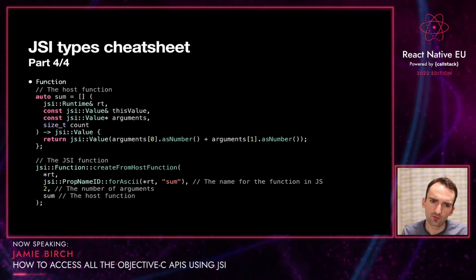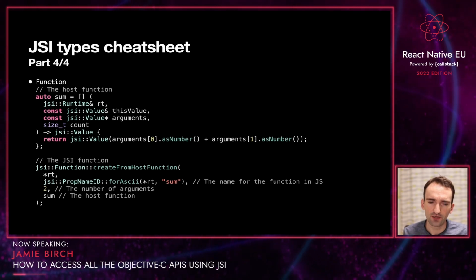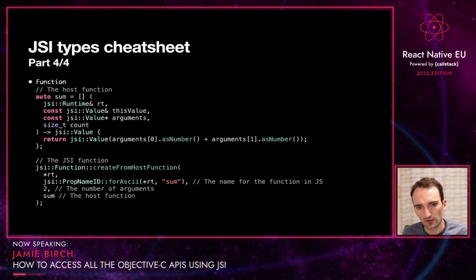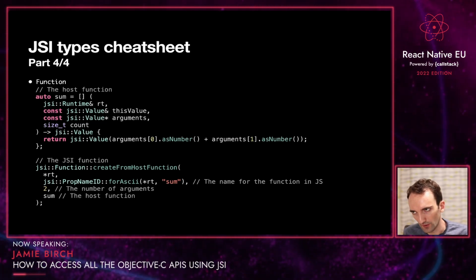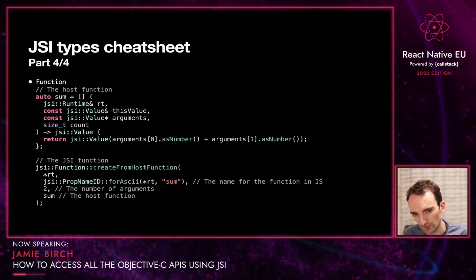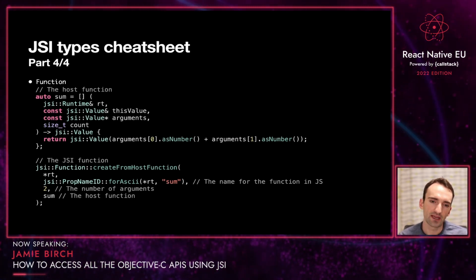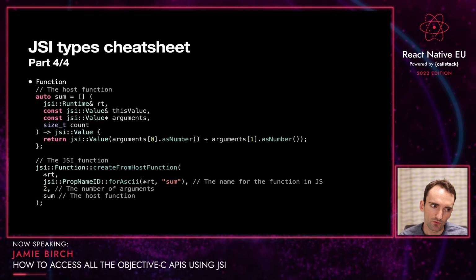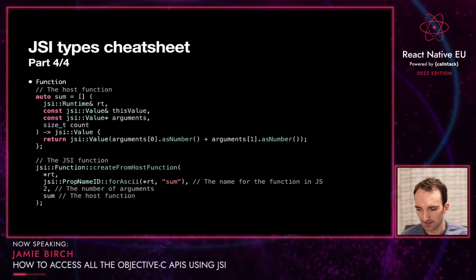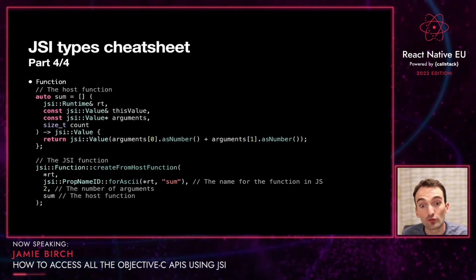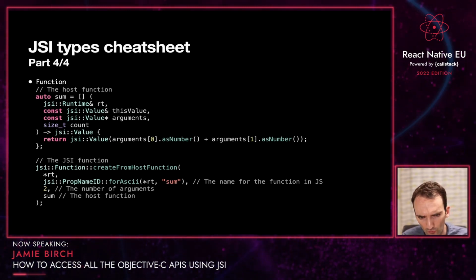And you'll see the arguments are each just a JSI value, but you need to, for each one, express which type you want it to be expressed as. And depending on whether you call getNumber or asNumber, you can implicitly get a checking of the type, an assertion, as you're about to do that.